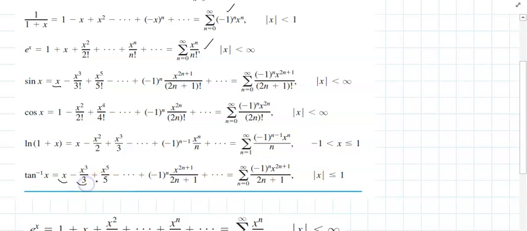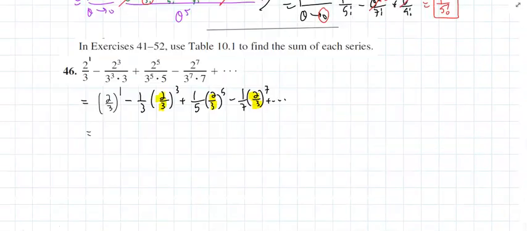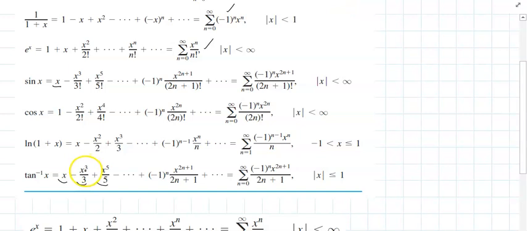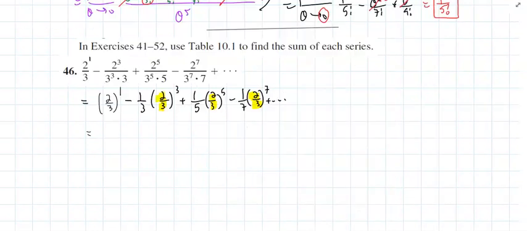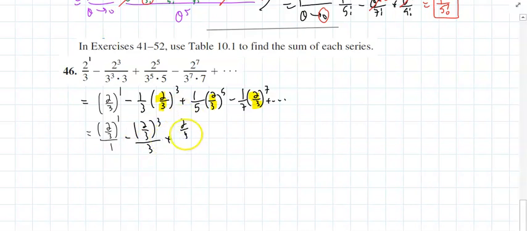1, 3, 5, right? So if I take the tangent inverse and glance at the other problem, I'm looking at a quantity raised to the 1, a quantity raised to the third power over 3, a quantity raised to the fifth over 5. So I could rewrite that one more time: 2/3 to the 1 over 1, minus 2/3 to the 3 over 3, plus 2/3 to the fifth over 5, minus 2/3 to the 7 over 7.